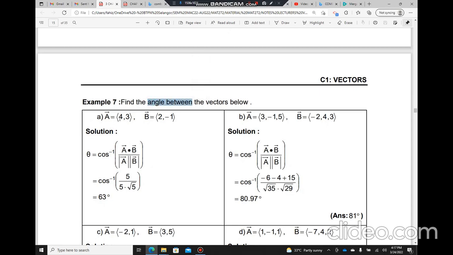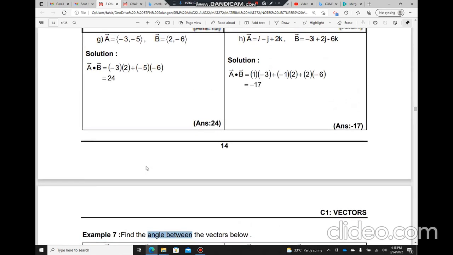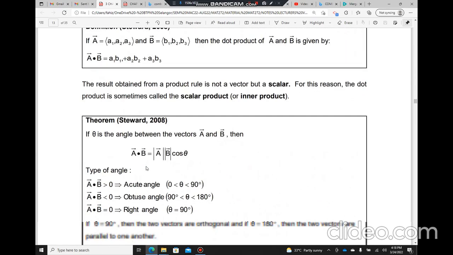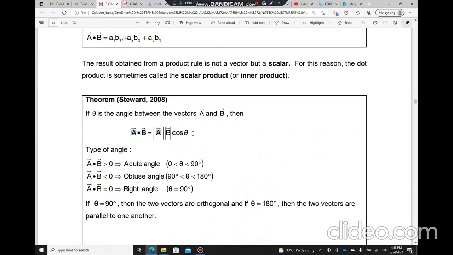Kat sini kita boleh guna formula ni. Untuk angle awak boleh gunakan formula theta equals to cos negative 1 of A dot B over magnitude A magnitude B. From theorem here, kita boleh cari nilai theta.